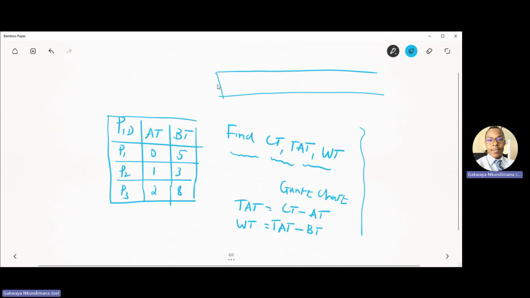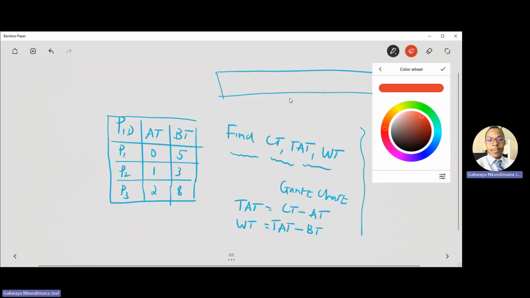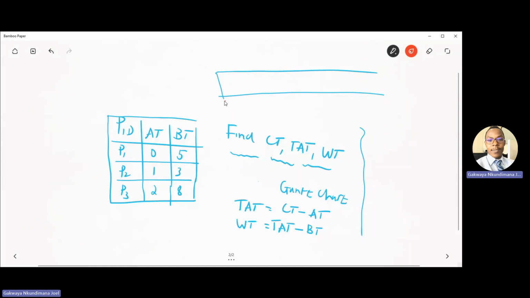The first thing we have here is the arrival time. I'm going to use a different pen so you can see it. The arrival time for process 1 was 0, so here I write 0, because process 1 came at 0 milliseconds.